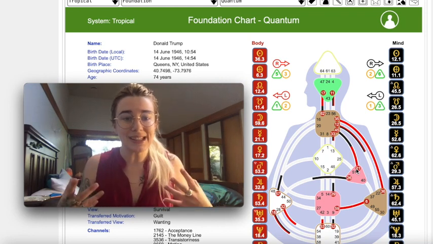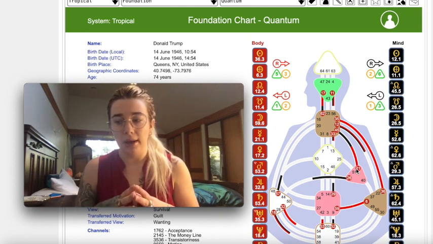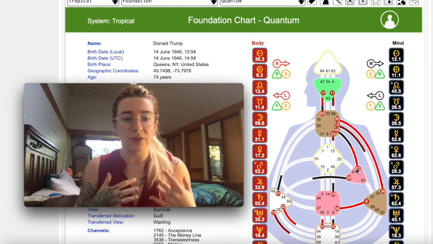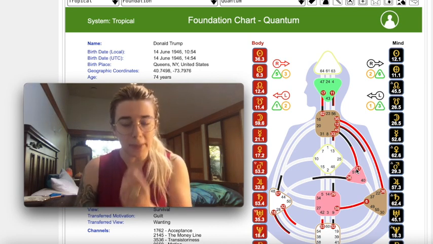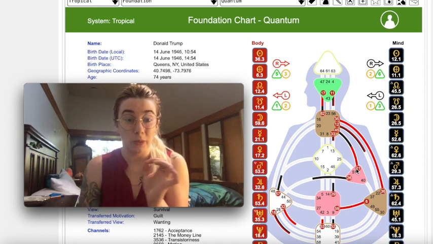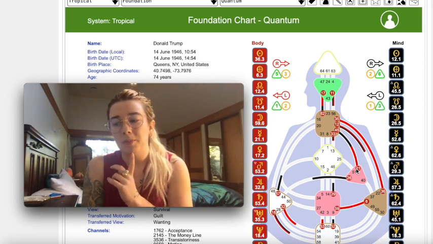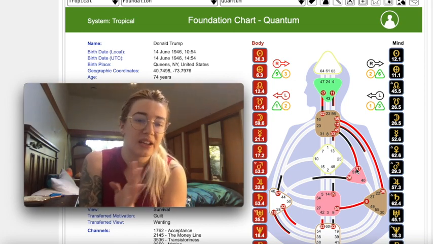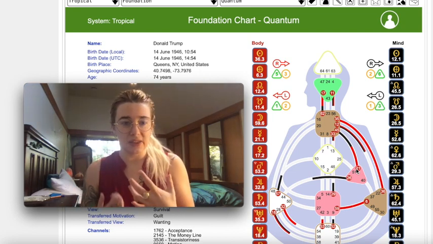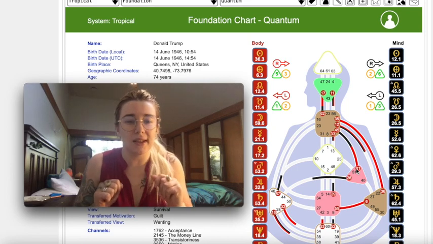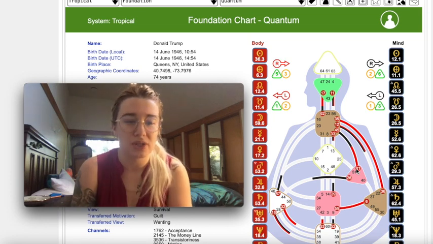So it is about money, and it is about your physical resources, but it's also very much about your willpower, your promises, right? People with this small motor center defined tend to, when they've completely run out of energy, but they promised someone they'd do something, this motor center acts as a little, like, that last little bit of push, like, oh, I said I would, so I'll do it, you know?